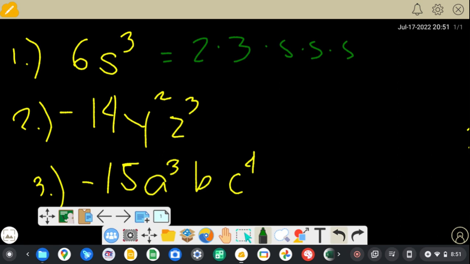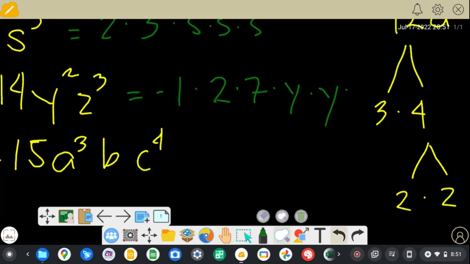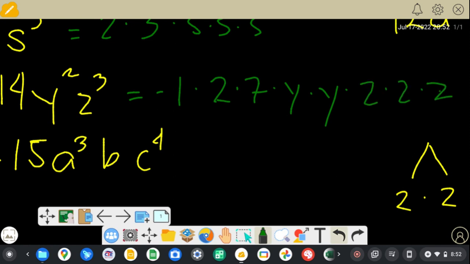This one right here, the prime factorization of this is negative 1 times 2 times 7 times y times y times y times z times z times z.